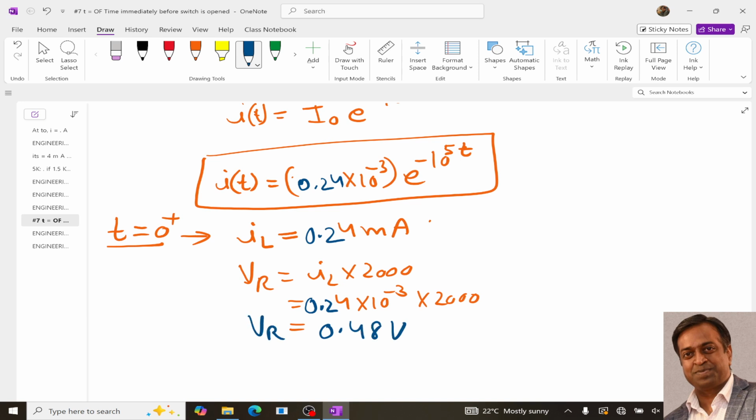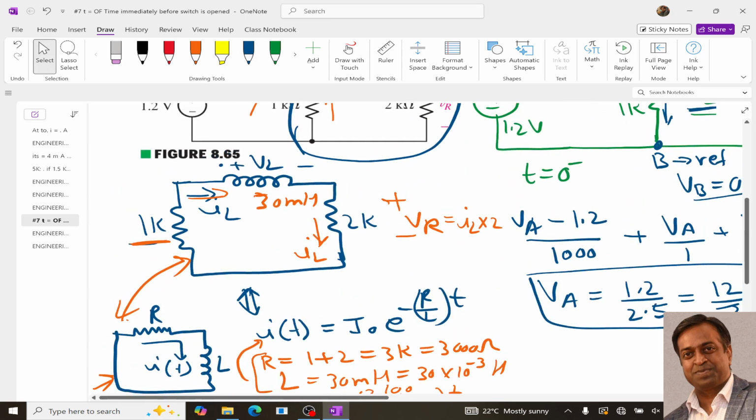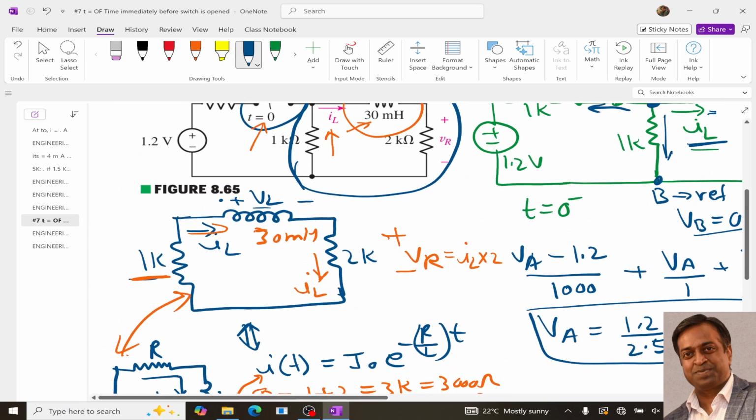So our VR at t equals 0 plus is this. Now what about VL?